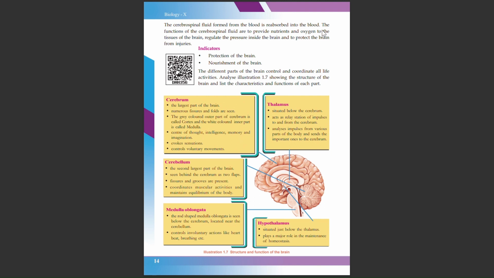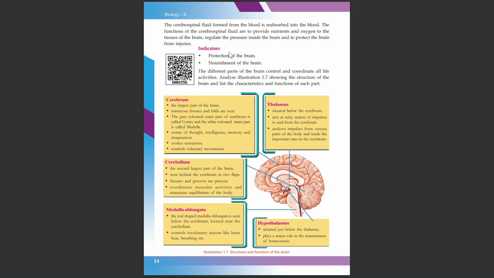The functions of the cerebrospinal fluid are to provide nutrients and oxygen to the tissues of the brain, regulate the pressure inside the brain, and protect the brain from injuries. This is important. They might ask you what the functions of the cerebrospinal fluid are. One is they provide nutrients and oxygen to the brain and regulate the pressure inside the brain. The fluid is present inside the brain also, obviously. And then it protects from injuries.